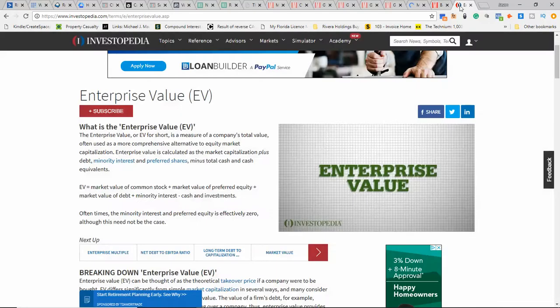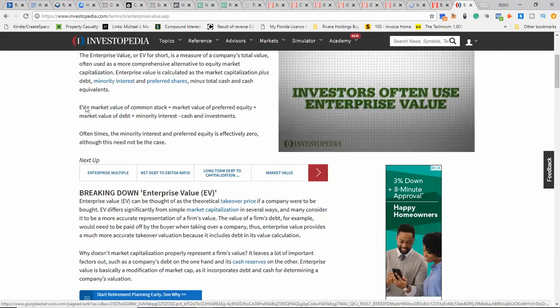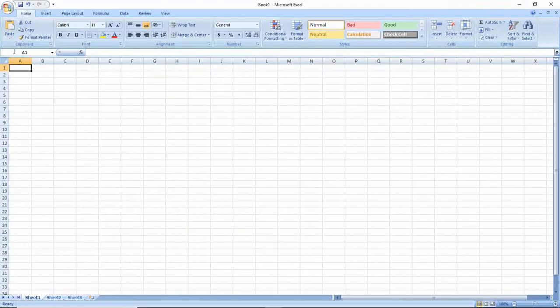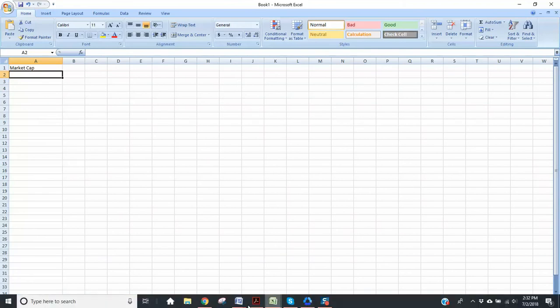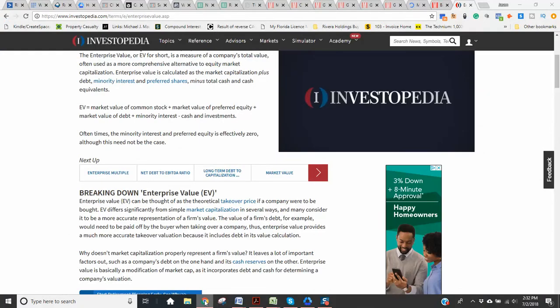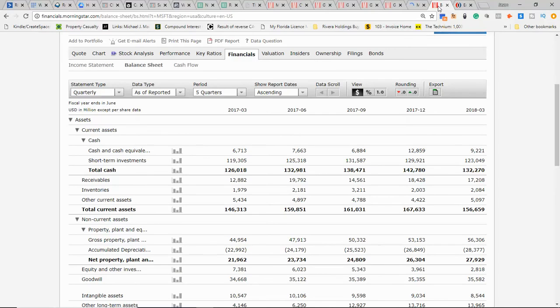Okay, so I'm going to show you step by step what this is. EV equals market cap, or market value of common stock, which is market cap, plus market value of preferred shares, which most of the companies I look at are smaller companies, so they don't have preferred stock or minority interest.